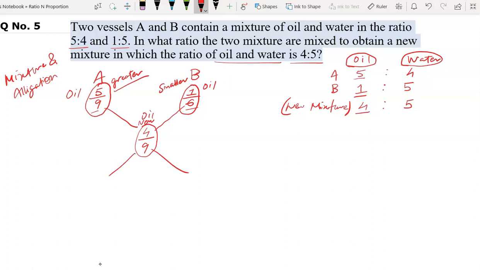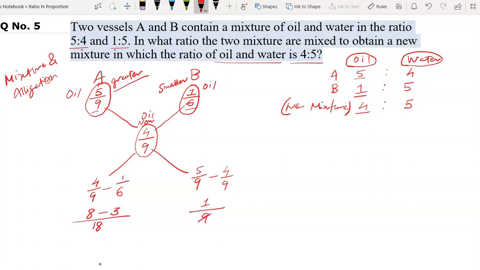So what we will do, we will take 5 by 9 minus 4 by 9, and 4 by 9 is greater, so 4 by 9 minus 1 by 6. Now if we solve this, we will take the LCM. LCM of 9 and 6 is 18. 9 into 2 gives us 18, so 2 into 4 will be 8. 6 into 3 is equal to 18, 3 into 1 is 3. Here the denominator is the same, 9. So 5 minus 4 will be 1.